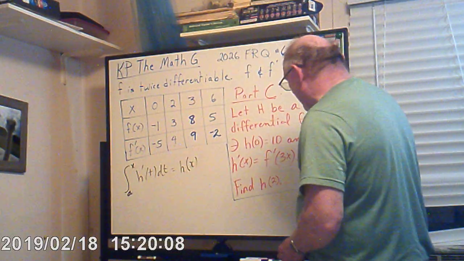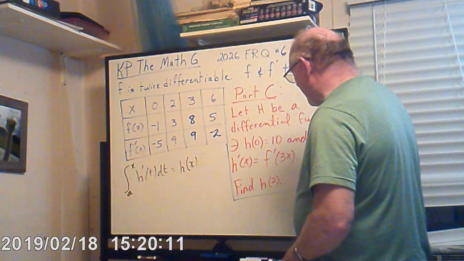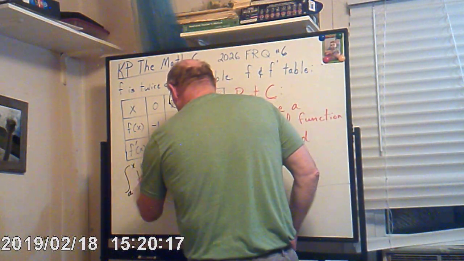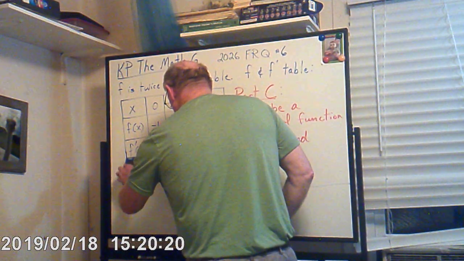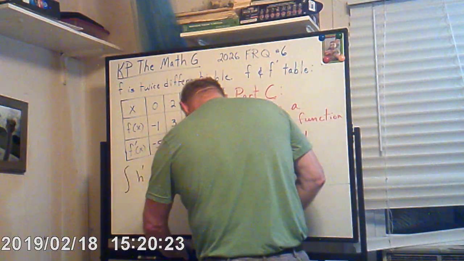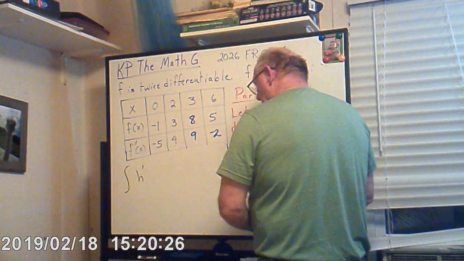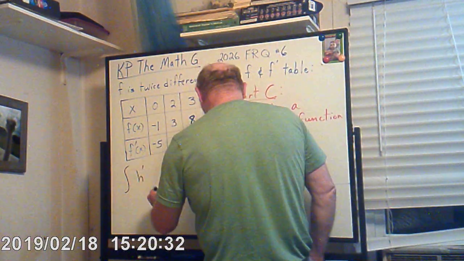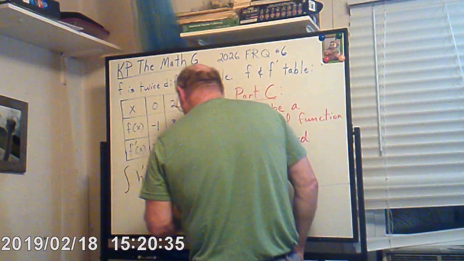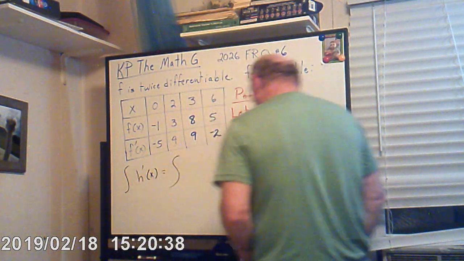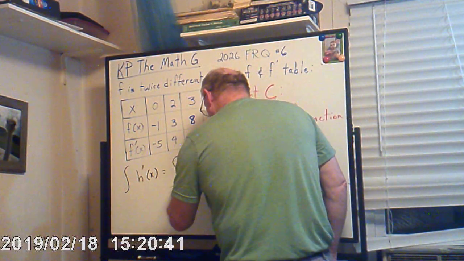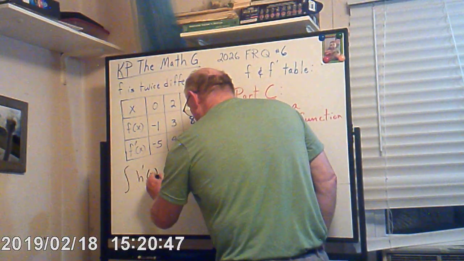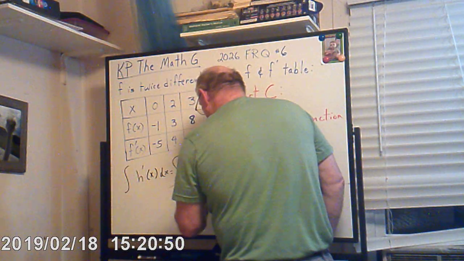Since we have h prime at x, I'm just going to take the antiderivative of both sides. So h prime at x is equal to f prime at 3x dx.